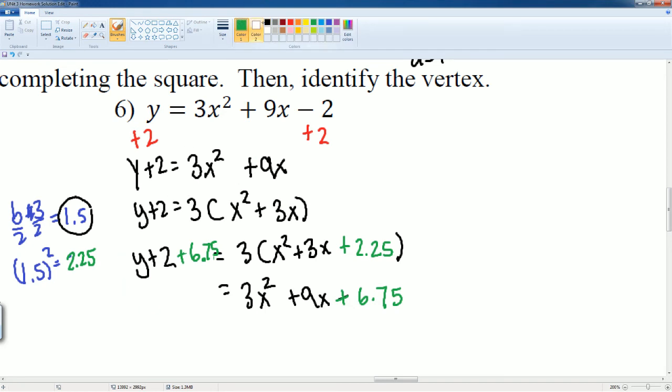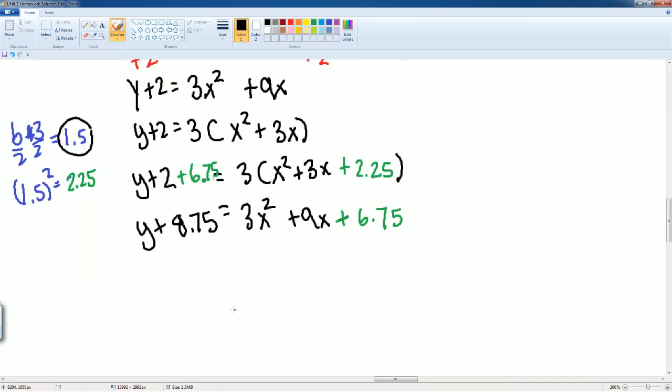So this simplifies into y plus 8.75. This can be factored very nicely: 3 parentheses x plus 1.5 squared, and then plus 8.75.